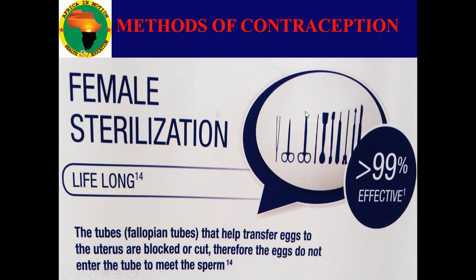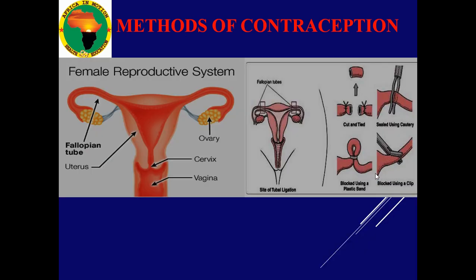Female sterilization is a surgical procedure that is effective at 99% as well. What is it? It involves cutting this tube. This is the uterus, this is the vaginal canal, and here is inside the uterus. When the ovary releases the egg, the ovum, normally it should be transported towards the uterus.